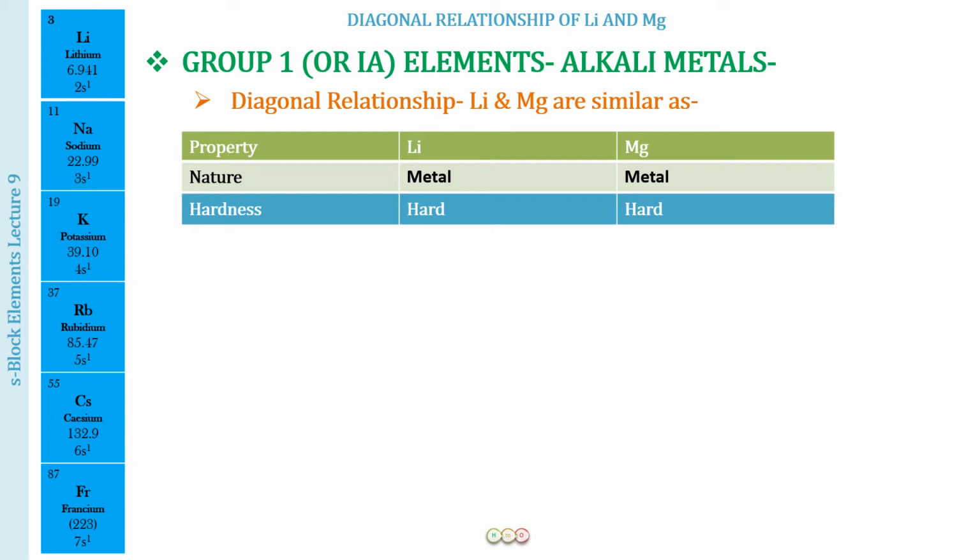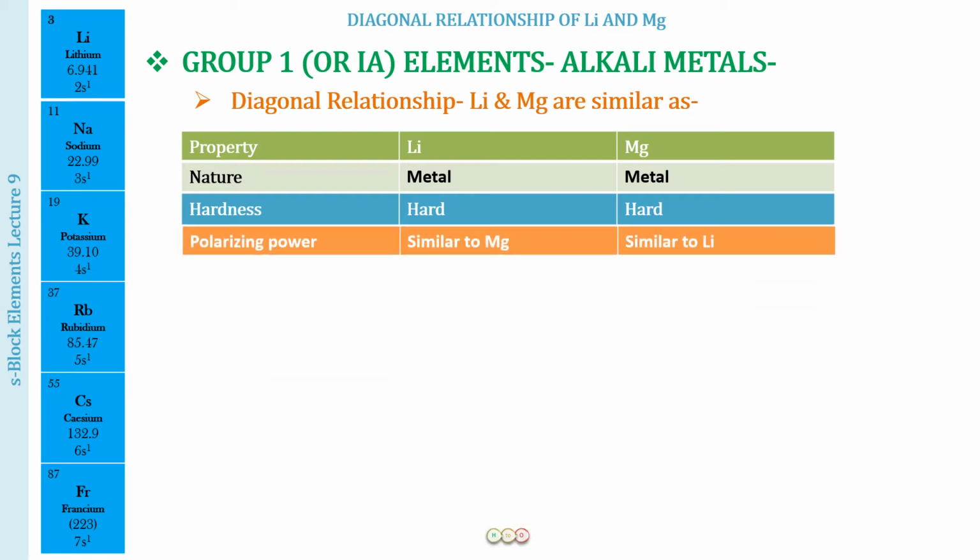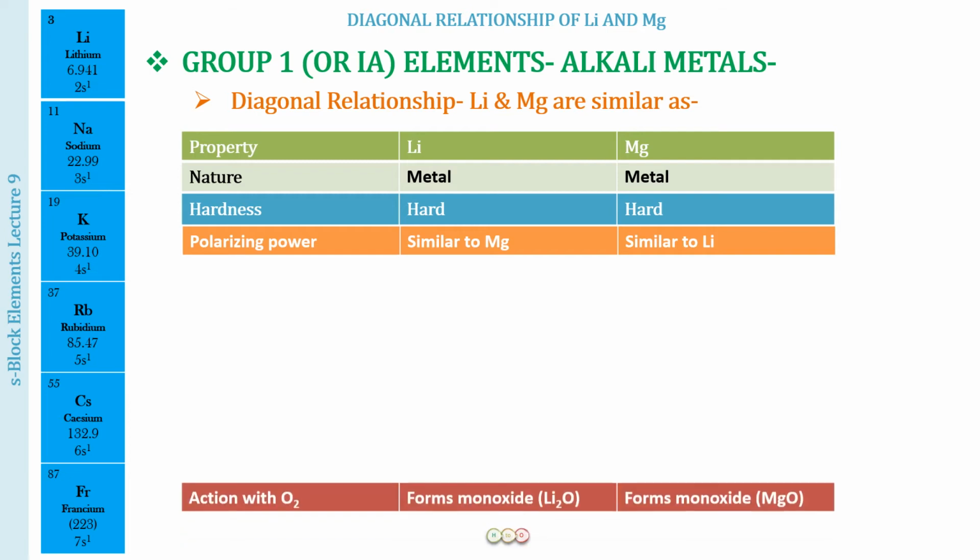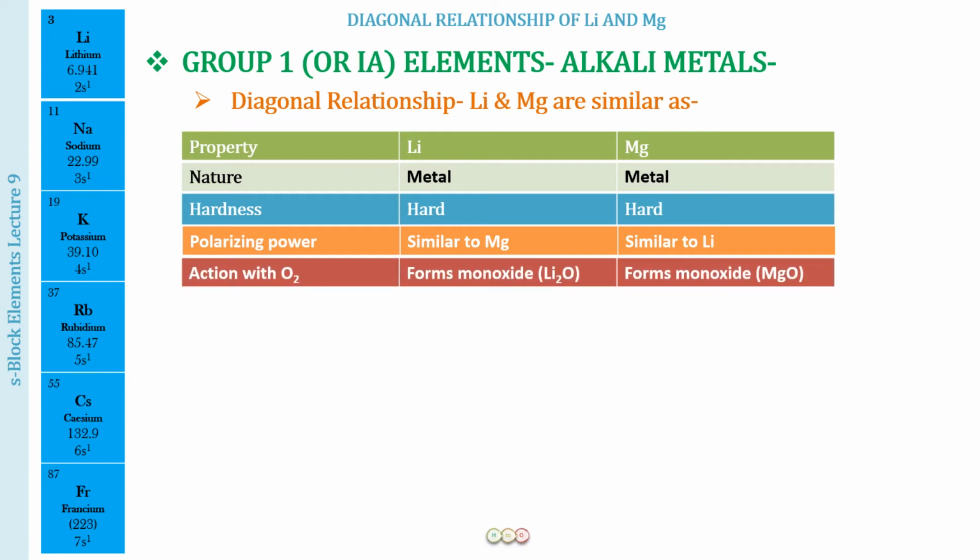Lithium is going to be the hardest of all the alkali metals, and the comparison of lithium's hardness with magnesium, we find them to be comparable to one another. Then let us see about their polarizing power. So because the charge densities are comparable, therefore we find that the polarizing power of the two is also comparable.